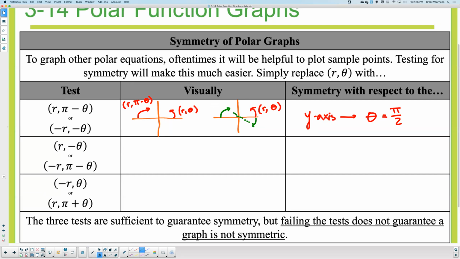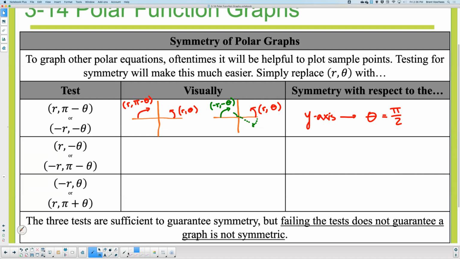That right there is what it would look like. So normally we would go down for a negative angle, but because it's a negative radius, it goes across. Again, what do you notice about this symmetry? It's across the y. Yep, that's what's happening in those two pictures. That's the first and the second. Okay, the next one.